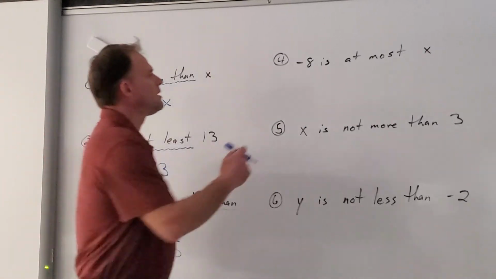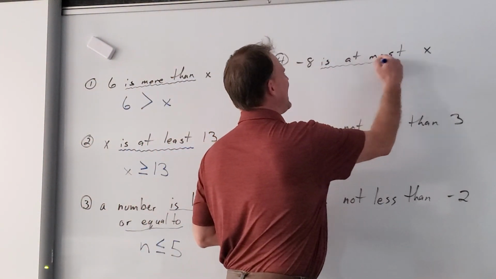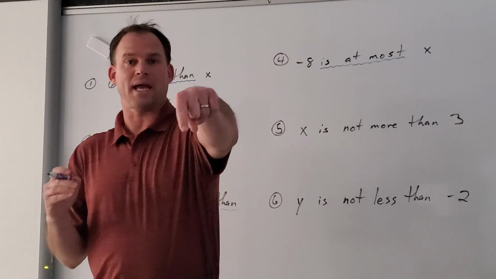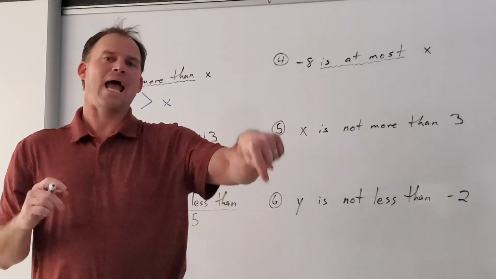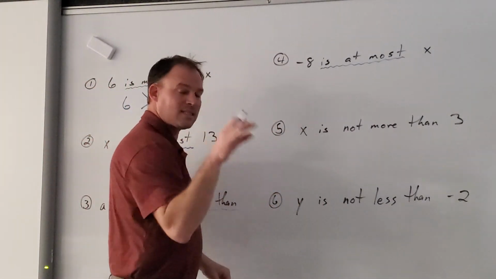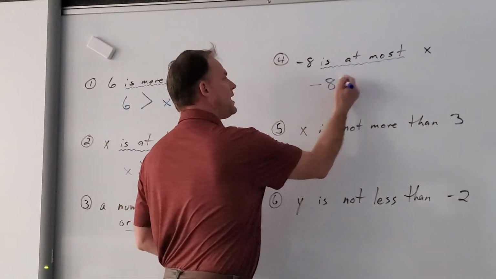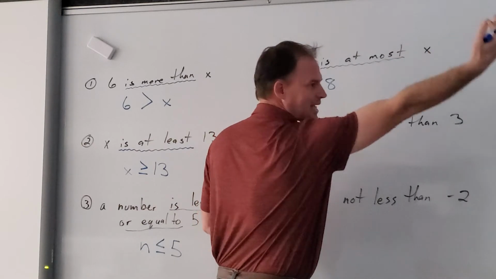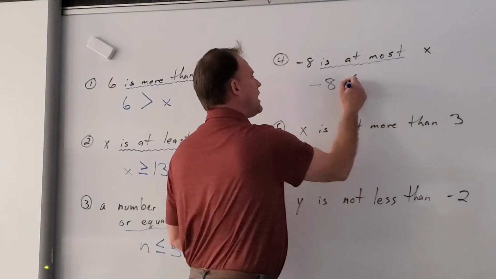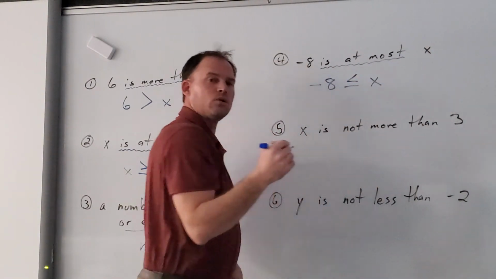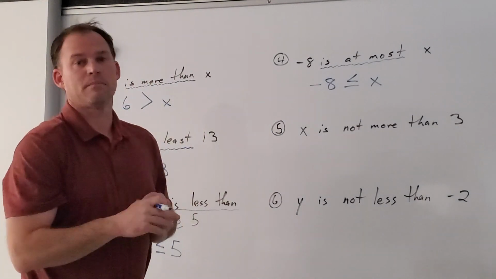Number 4. Is at most. That's one of the tricky ones. Look back at your notes. Is at most. What symbol do we use for is at most? -8. Is at most sets the high mark. I use less than or equal to for is at most.